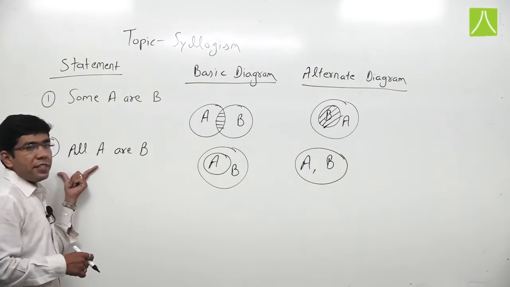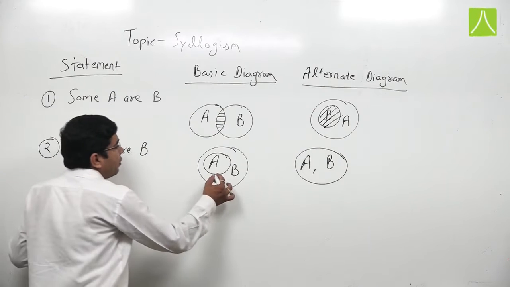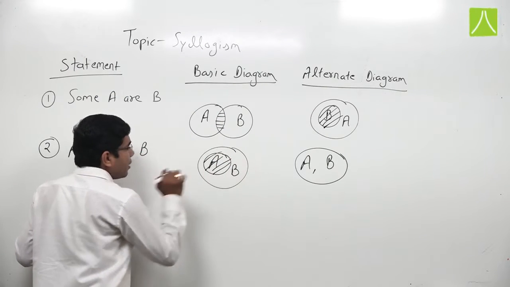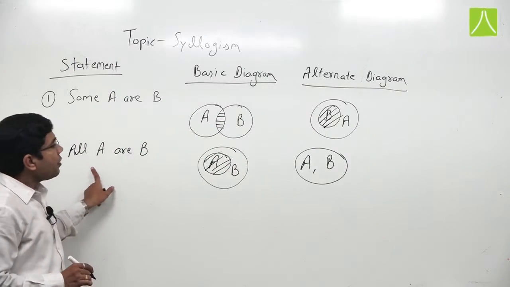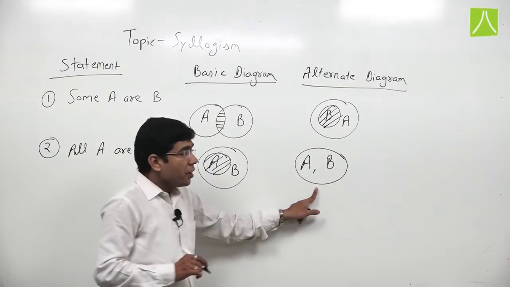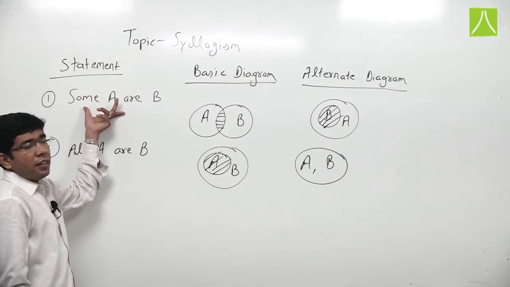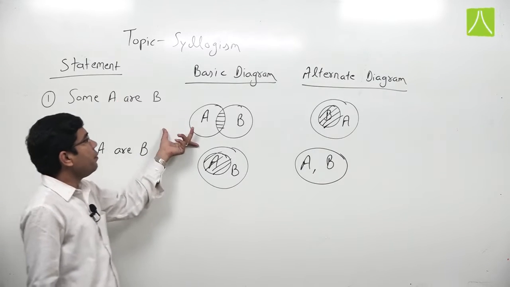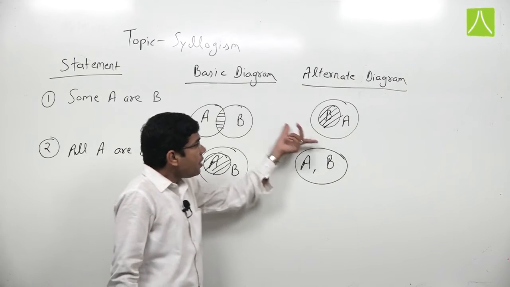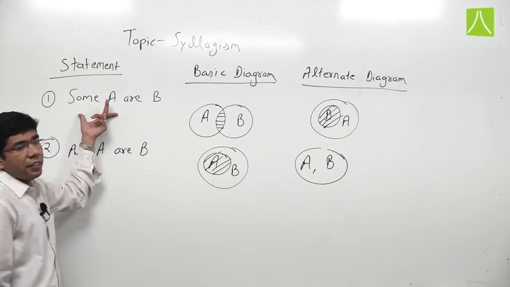As in the second statement, all A are B, the given condition is like this. Now we can define this statement with the help of this diagram also, but the difference is that in this statement only some A are B is given, but in the alternate diagram we draw all B are A, which is not given.